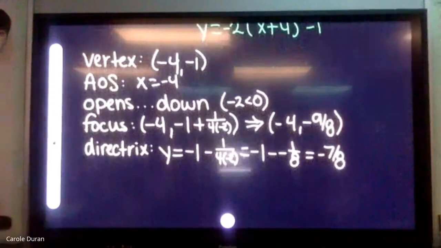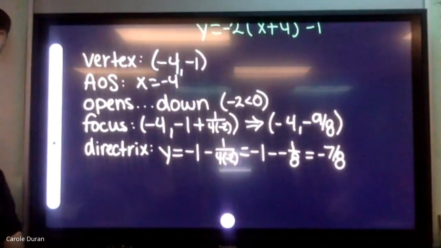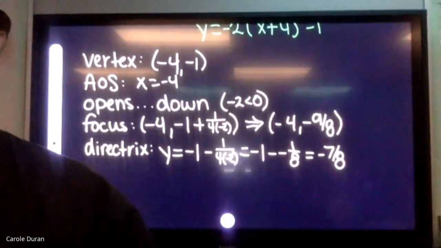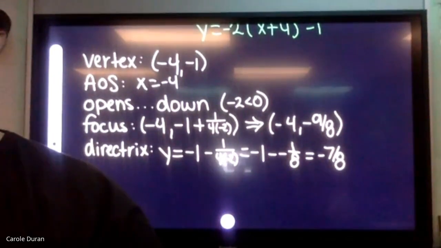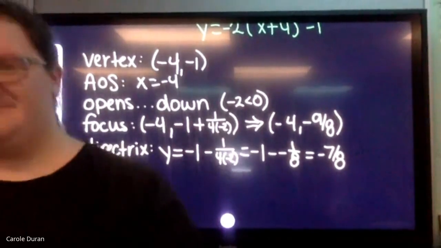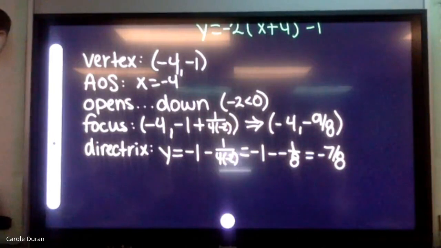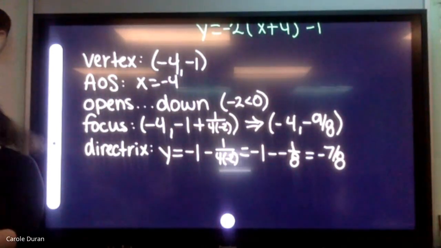So now these are our 5 pieces of information. Are there any major questions on those 5 pieces? Our last step here is that we're going to go ahead and graph this parabola. As I mentioned yesterday, you do not need to find actual points that exist on my parabola.